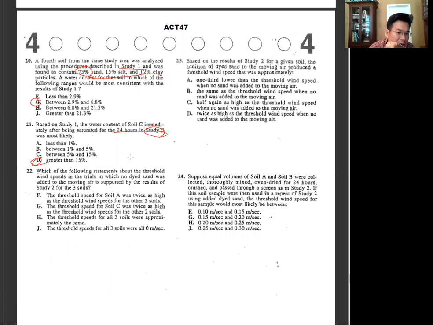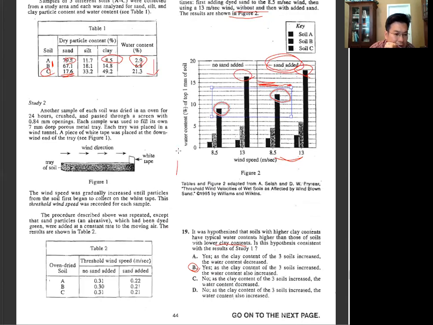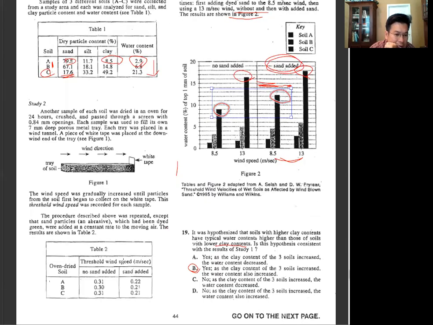Question 22. Which of the following statements about threshold wind speed is supported by the result of study 2 and 3? Study 2 and 3, threshold wind speed here. Everything is around similar. If it is no sand, 0.3, sand, 0.2.